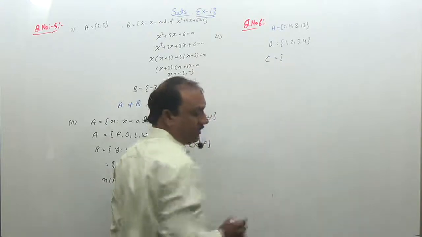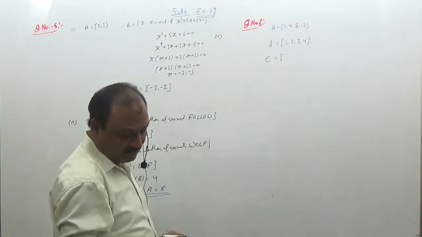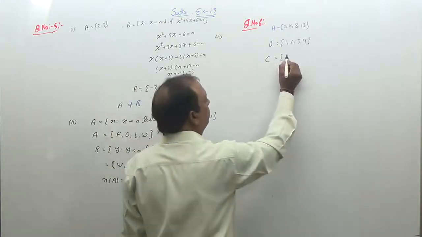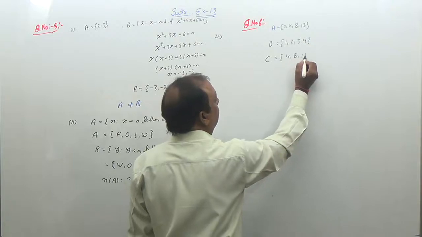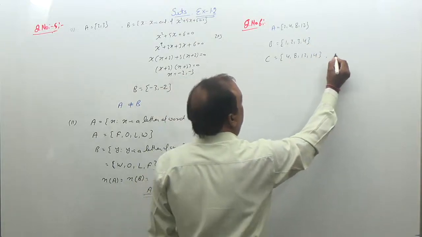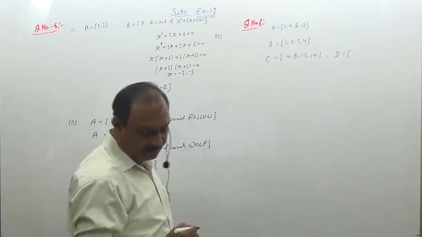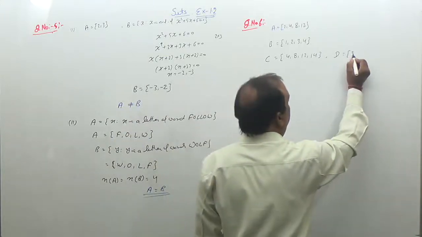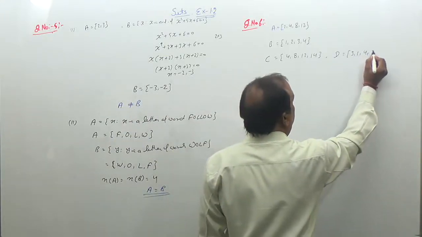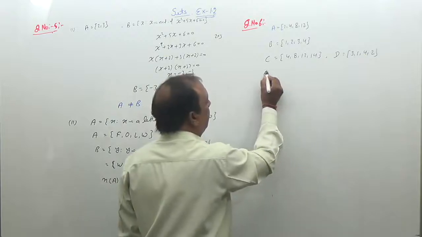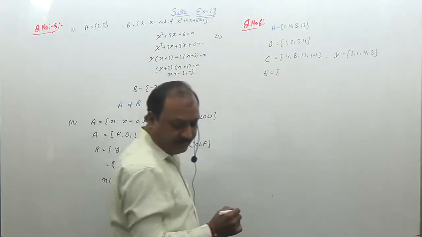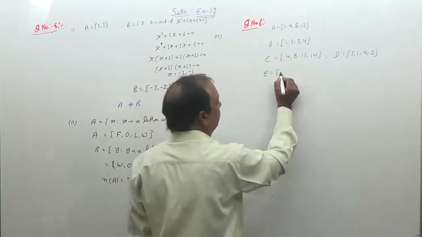Set C contains the elements 4, 8, 12, 14. And D is the set of elements 3, 1, 4, 2. And E is the set of elements -1 and 1.